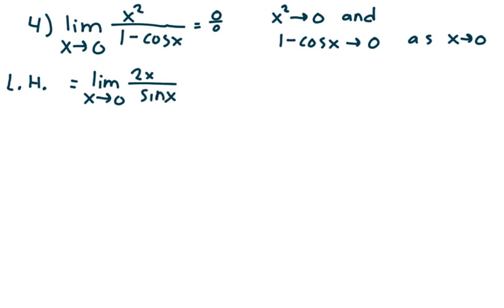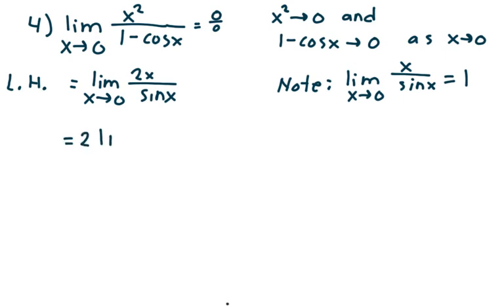Now, we've learned, we could note this over here. We've shown that the limit as x goes to 0 of x over sine of x is equal to 1. We've shown that. And so I'm going to pull the 2 out in front. So I get twice the limit as x goes to 0 of x over sine of x.